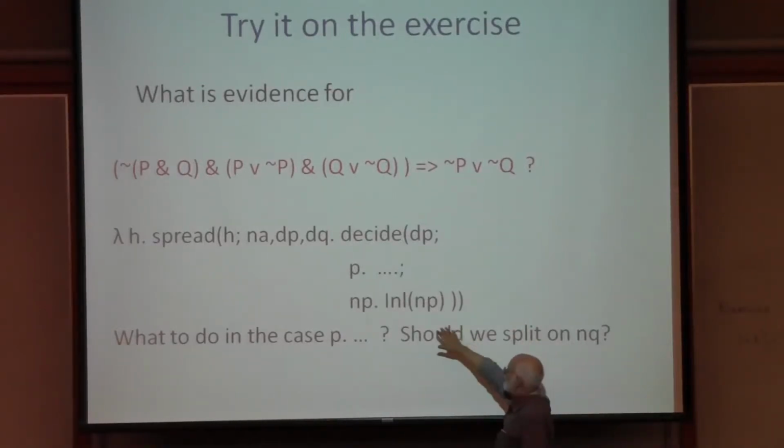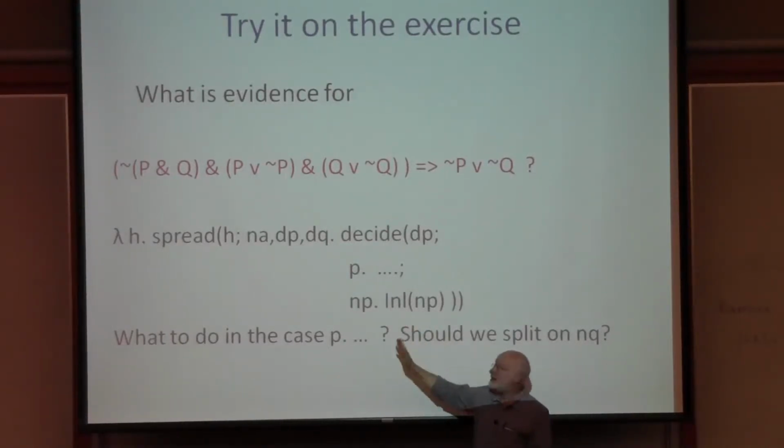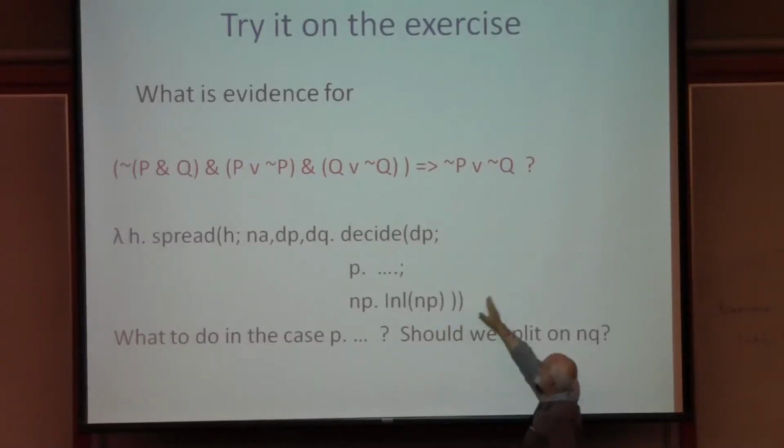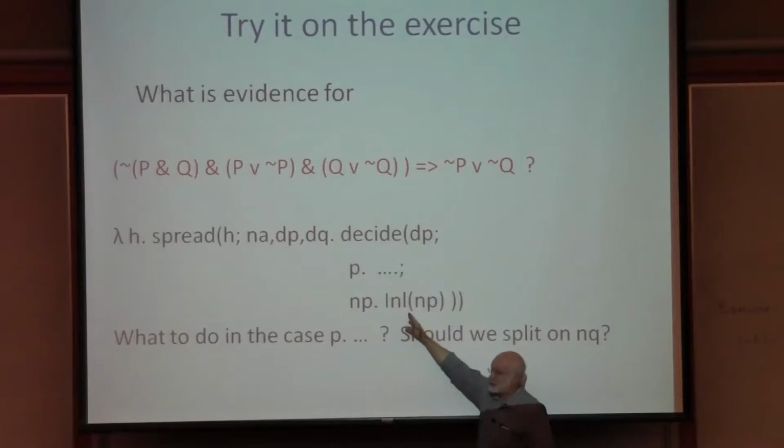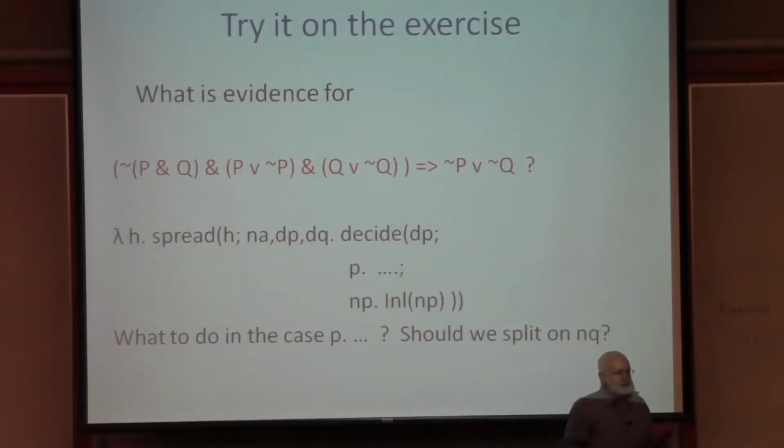And you notice right away a cool thing: in the case when not P is what's true, you've immediately got a witness for the conclusion, because you just take inl of that not P and you've got your witness. Now you're thinking, well, what should I do in the case when P is true?